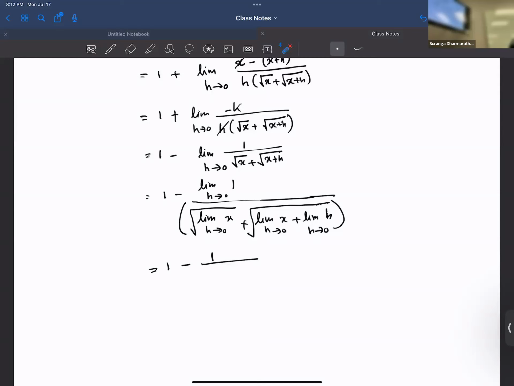So your answer is what? This is just square root of x plus, what is this one? The limit as h goes to 0 of x is equal to what? x, right? Then the second term, the limit as h goes to 0 of h. What is that one? Is it h? No, h goes to 0.